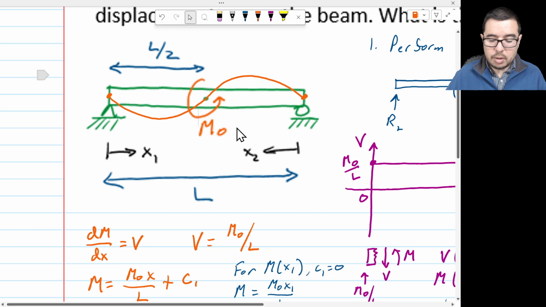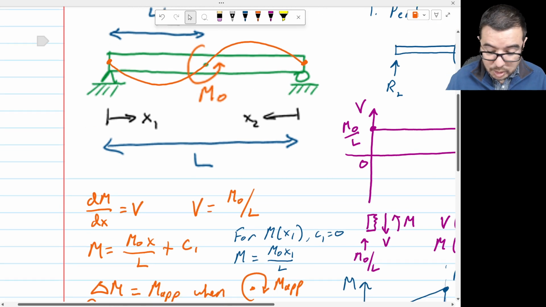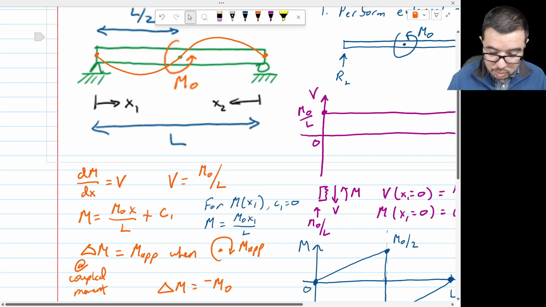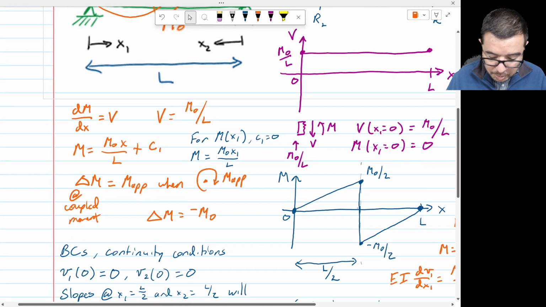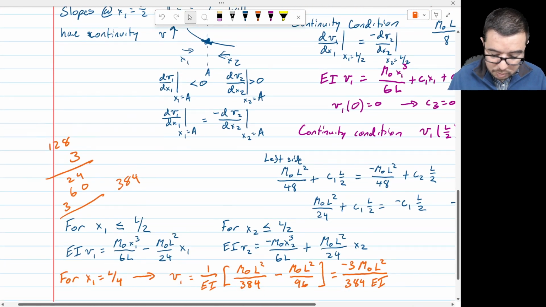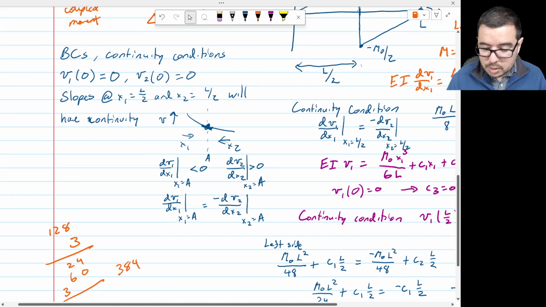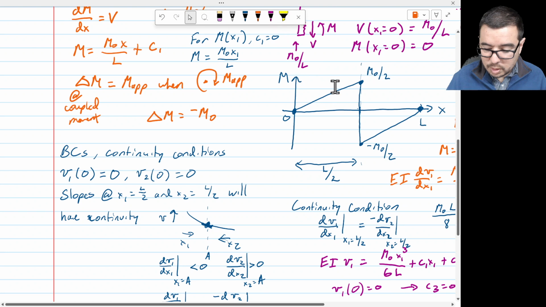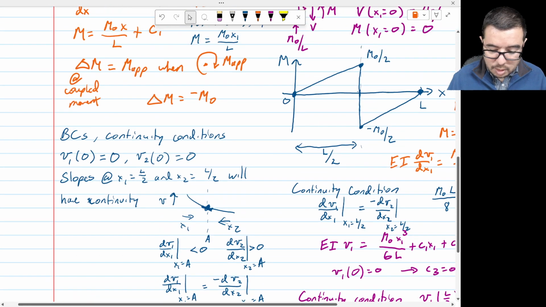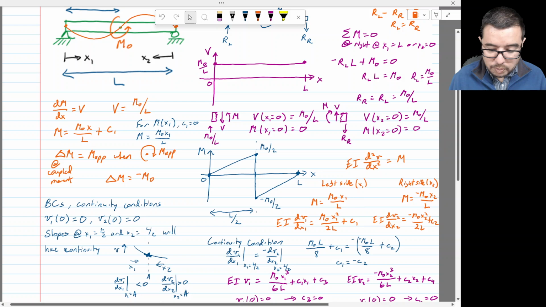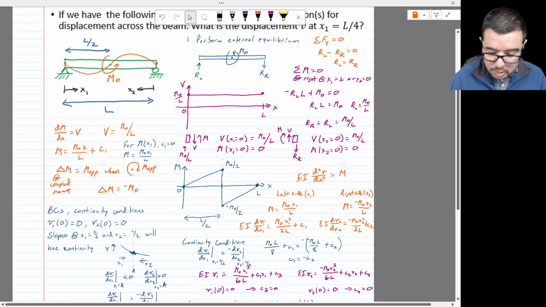Obviously my drawing's not perfect here, but that gives us a rough idea of the behavior we expect given the positive moment in x1 up to L over 2 and the negative moment in x2 up to L over 2, and that also satisfies the boundary conditions that we've been discussing.